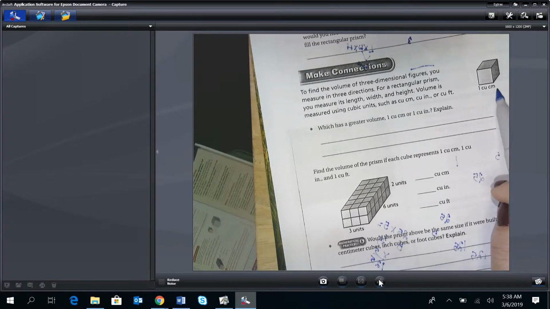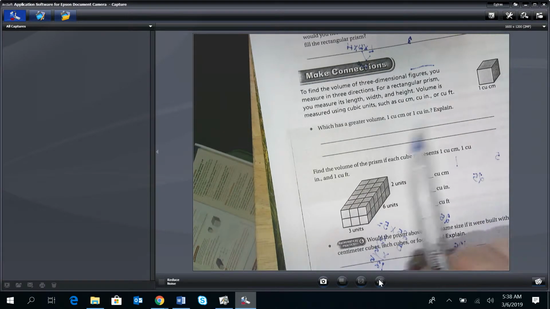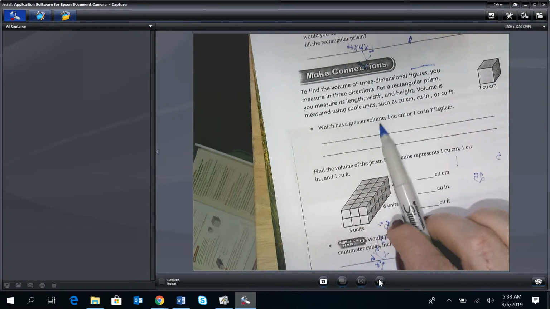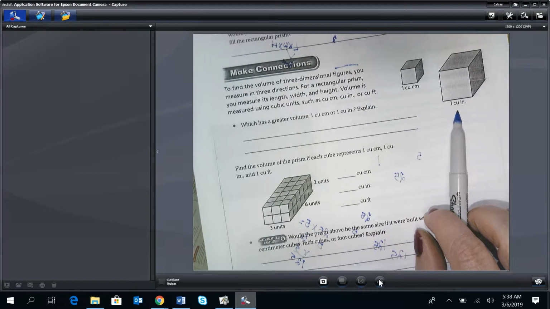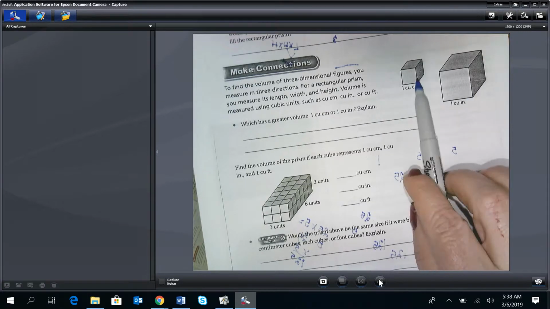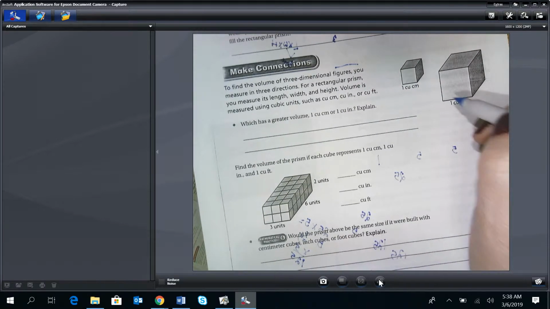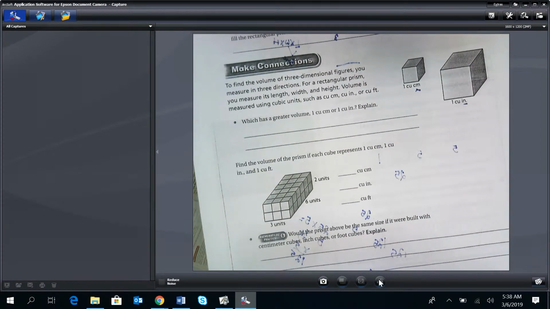This is a cubic centimeter. This is a cubic inch. Which has the greater volume? Well, it's not too hard to look at those two. You could tell that an inch is larger than a centimeter.